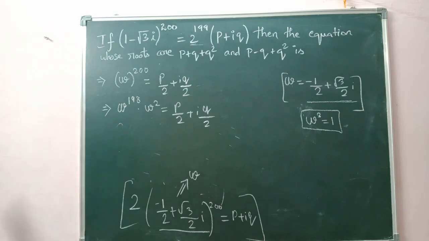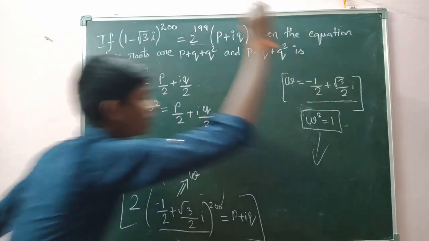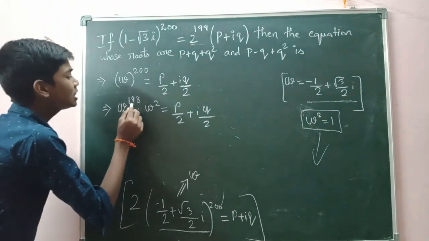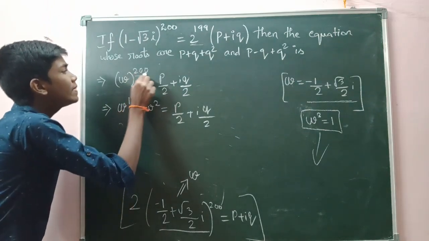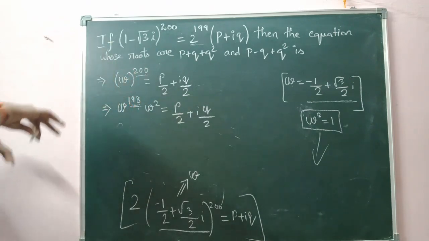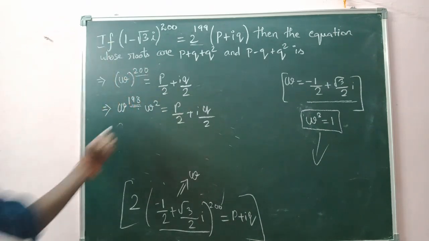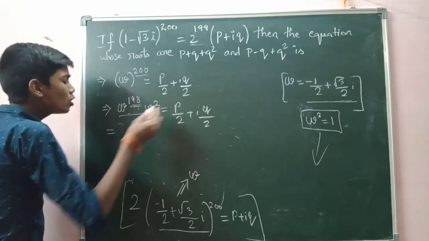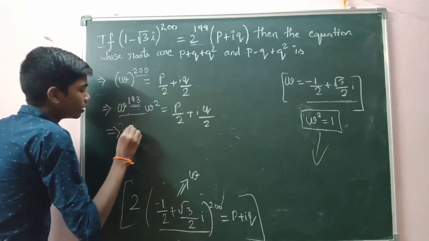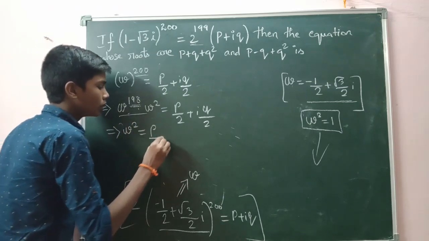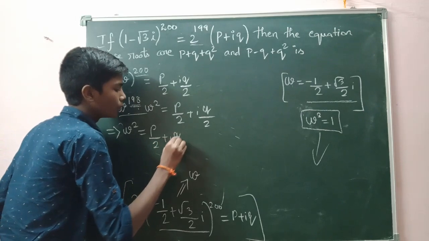It's very simple. I know that omega raised to power any integral multiple of 3 is 1. The highest integral multiple of 3 below 200 is 198. So this value will be 1. So 1 into omega square will be omega square, that is equal to p by 2 plus iota q by 2.